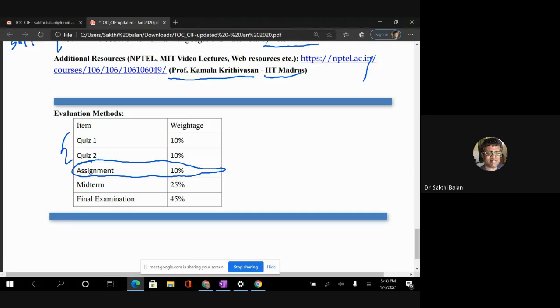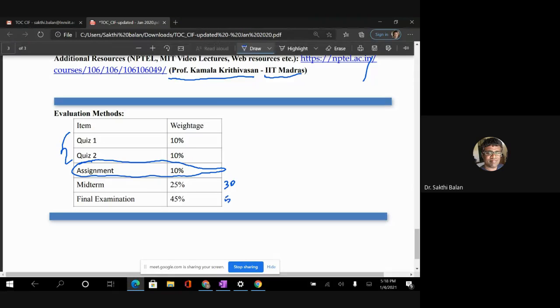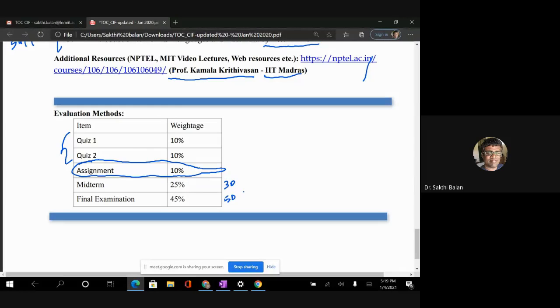But if we have decided the assignment is not there, then that 10% will be equally distributed to the midterm and the final exam. So midterm will become 30 and then final exam will become 50, right? So if assignments are not there, okay? So that I will tell you after getting the confirmation on Wednesday, okay? So these are the components of evaluation and the contents of this course, which we will be looking at for this semester.